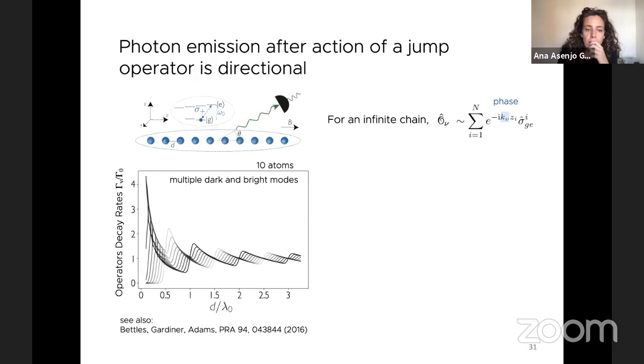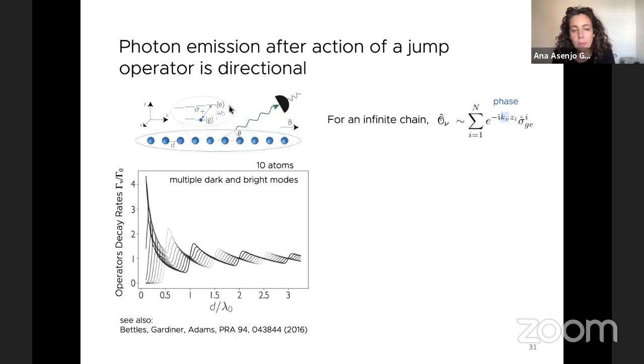So then let's try to understand the jump operators in the case of a 1D array and what they look like. To give a connection with something that can hopefully be measured within current state-of-the-art capabilities, I'm going to depict here an array of 10 atoms.